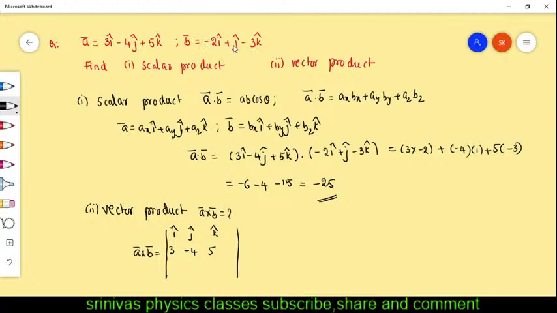What are they? Minus 2, 1, minus 3. Nothing is written there, which means we write 1. Now we write the coefficients of the second vector: minus 2, 1, minus 3. Do you know the procedure?